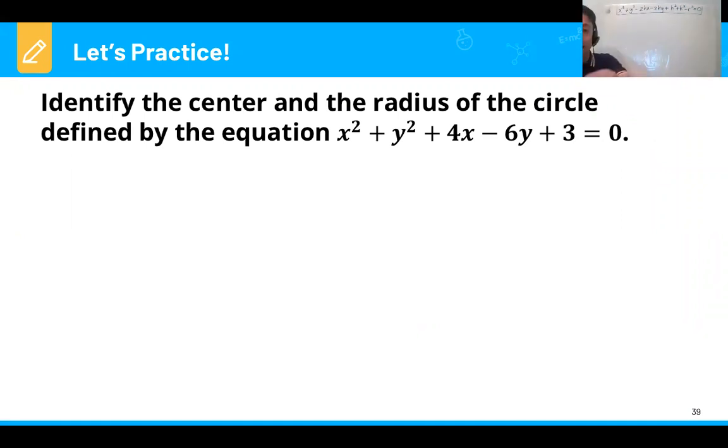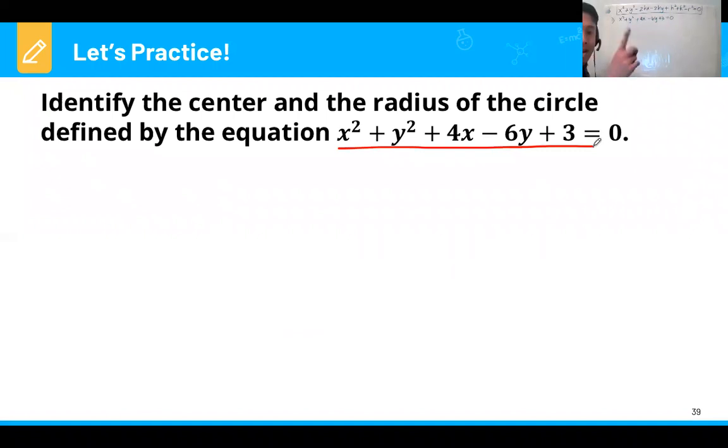Using this one. Okay? I will copy it here. I will stop sharing again so the background is bigger. So this is our given. Number 1 example: x squared plus y squared plus 4x minus 6y plus 3 equals 0.